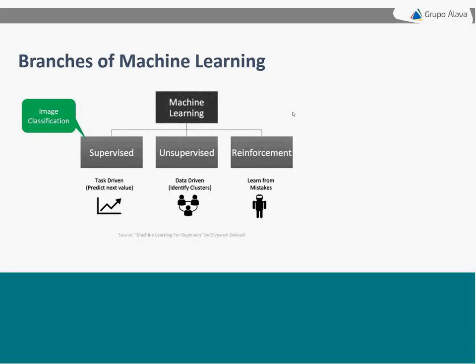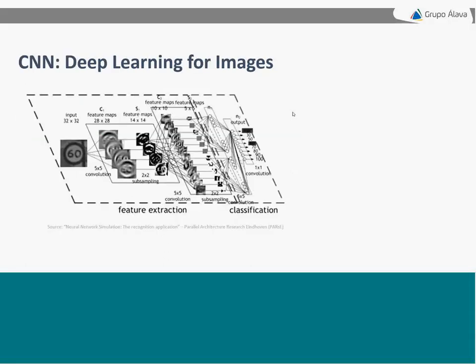It's true that image classification is based on supervised machine learning, but now researchers are trying and betting on unsupervised and reinforcement learning, for example in automated cars.